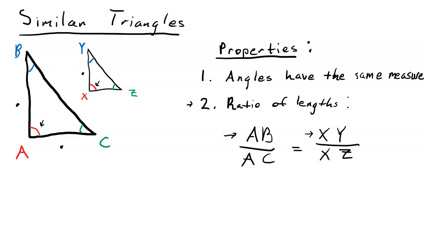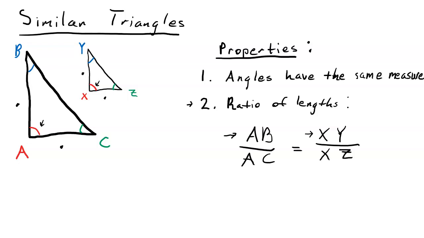That's going to be equal to the ratio of the same sides on this XYZ triangle, so XY over XZ. This can be really helpful if we have one triangle where we know all the sides and one triangle where we don't. And that's where the example is going to come into play.